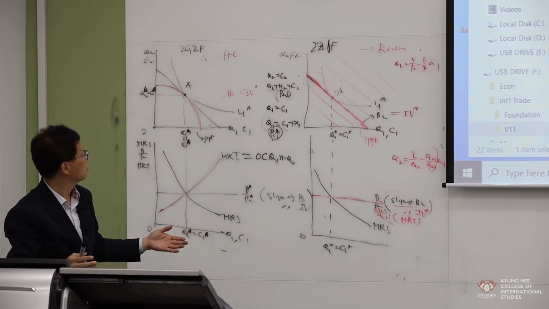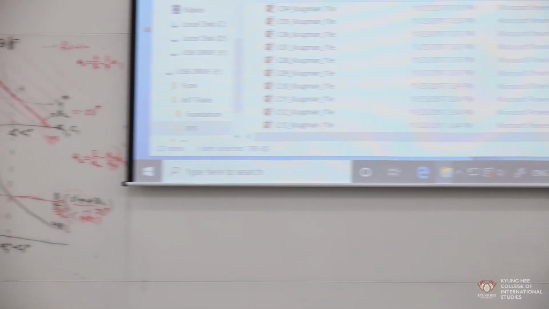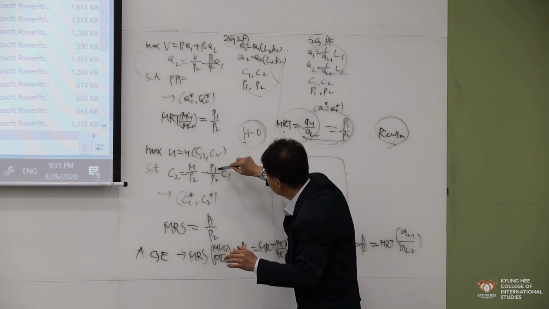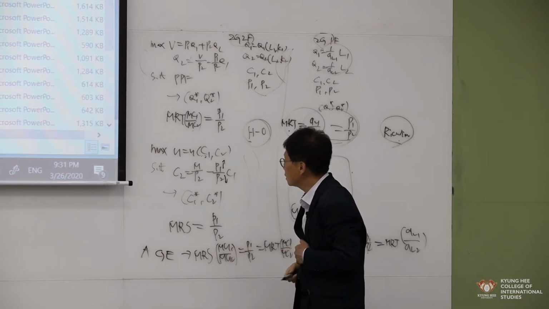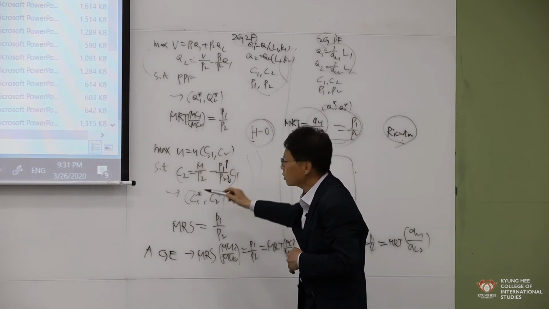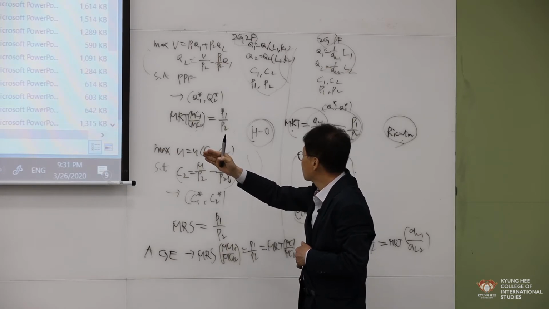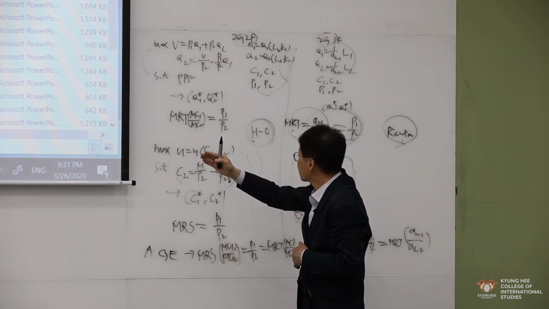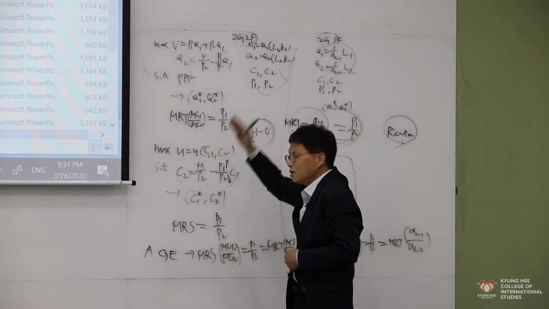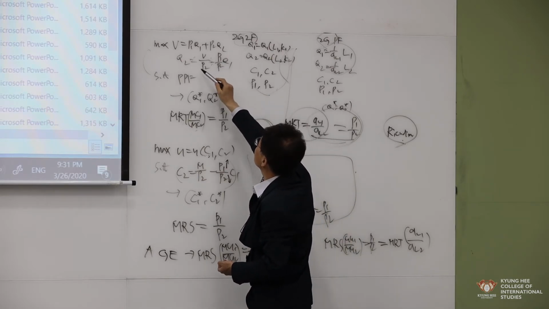Then what happened? Consumers solve the utility maximization problem in the autarky situation, but after trade, P1 increases, P2 decreases. Then this budget constraint rotates, right? The slope of the budget constraint increases. And what happens in the value maximization problem?